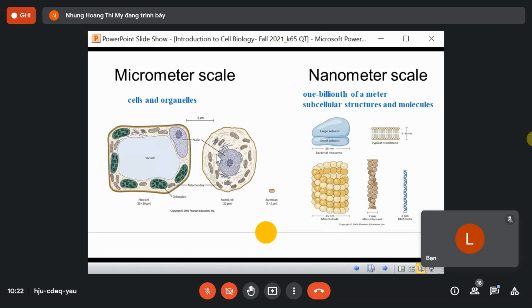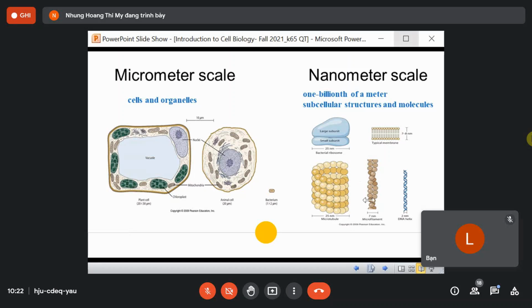The nucleus is the biggest organelle inside the cell. The chloroplast is also quite a big organelle that you can observe through the light microscope, and it also belongs to the micrometer scale.